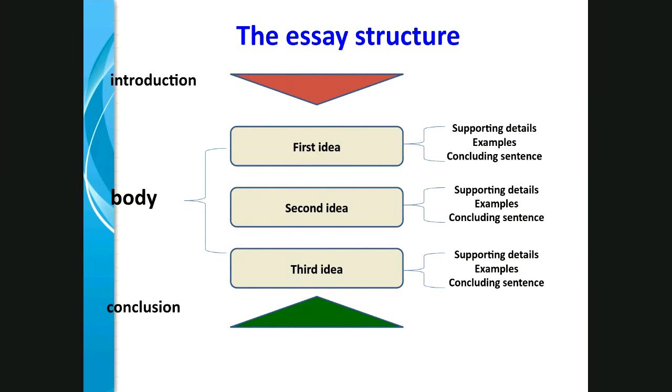Okay, so each idea is different from the other ideas that you will write about. So don't, for example, start with an idea here and then mention the same idea in the second paragraph. No, it should be something completely different. Okay, and supporting details should be added to each of those body paragraphs.